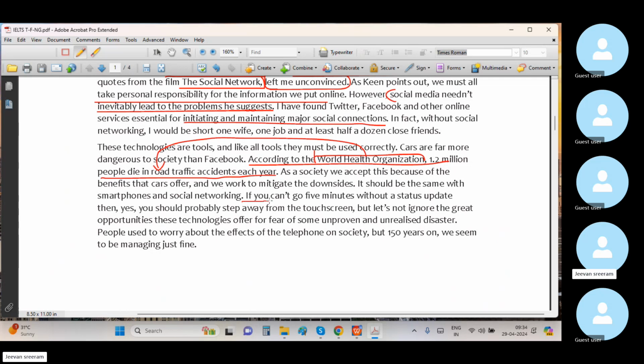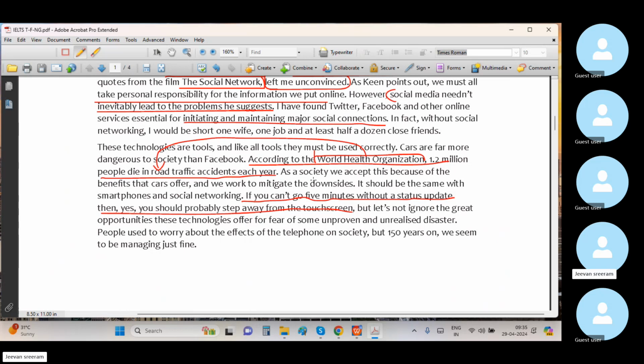Yeah, here we go. If you can't go 5 minutes without a status update, then yes, you should probably step away from the touch screen. Which means the author felt there might be some people who can't stay calm 5 minutes without a status update. Yes, they have to step away from the touch screen.